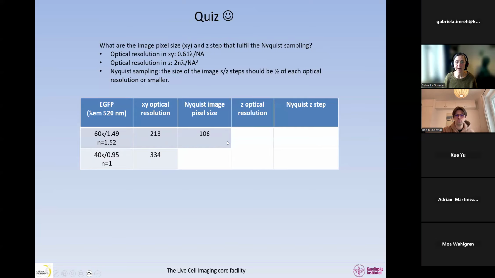And now, what is the pixel size? I should have shown you, but anyway. How do we get the Nyquist image pixel size from that? Or, I should reformulate that, how do we get the size of the image pixels that fulfill the Nyquist criterion? What do we do once we have the optical resolution?